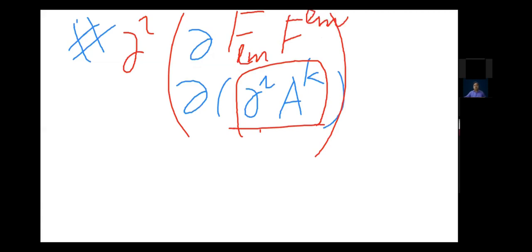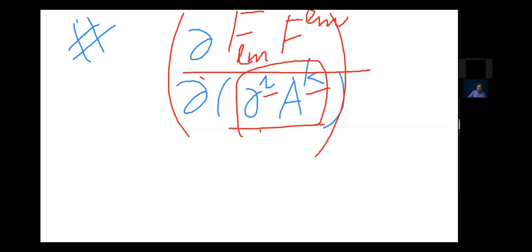Because you know the dummy indices can always be changed, the nomenclature can be changed, there is nothing unusual. So I have intentionally changed it here because down below we have I and K, so it is not appropriate that I should keep the same indices on the upper side in the numerator as well. So I will change to LM. And so first you have to calculate this bracket, and then only you can do this, right?